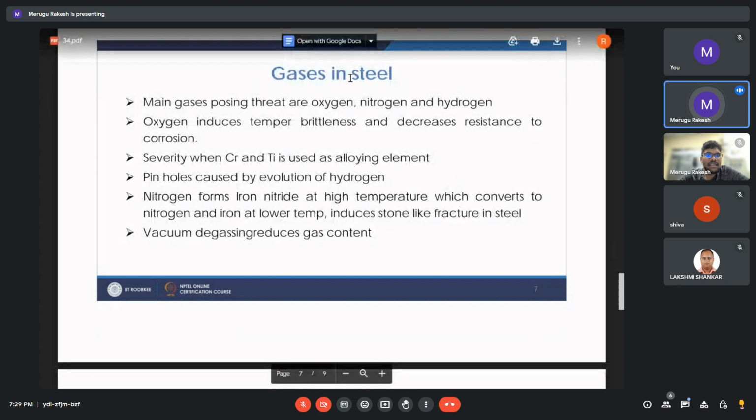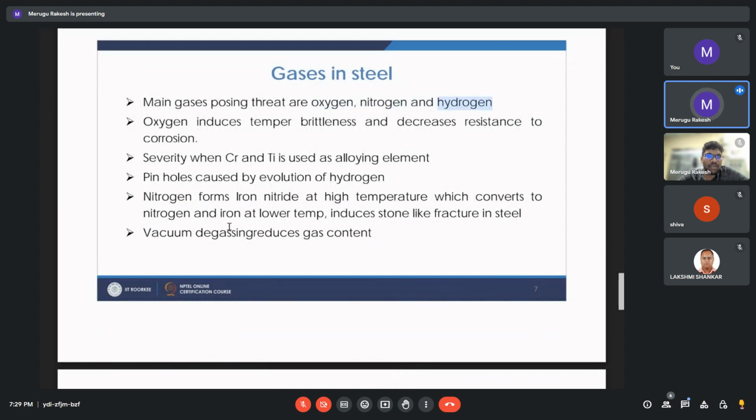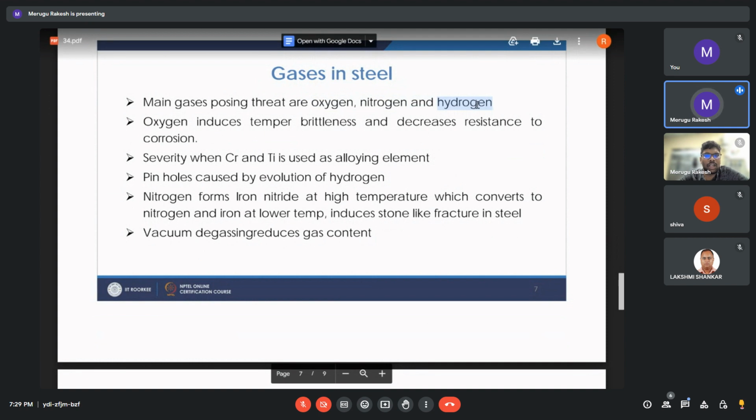The gases in steel are oxygen, nitrogen, and hydrogen. Main is this hydrogen. Hydrogen is in aluminum as well. Oxygen induces temper brittleness and decreased resistance to corrosion, and when we use chromium and titanium, the severity is there. So this is the main factor with hydrogen.